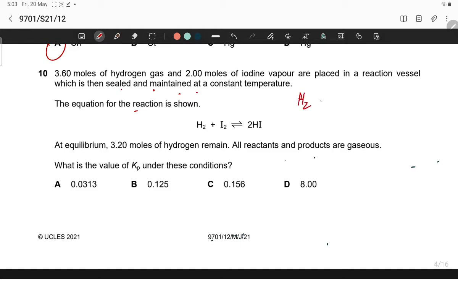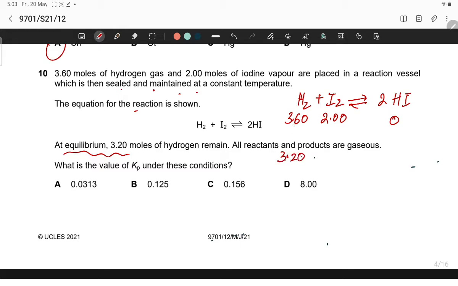H2, I2, 2HI. 3.60 moles, 2 moles of iodine and 0 moles of HI. At equilibrium, 3.20 moles of hydrogen remains.